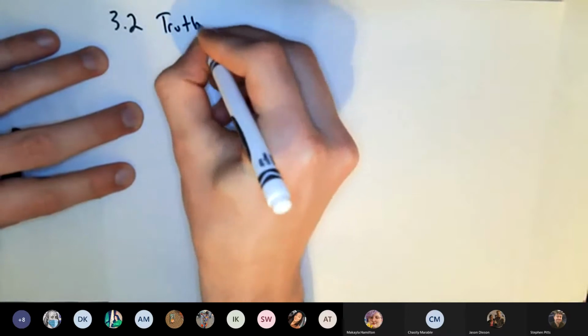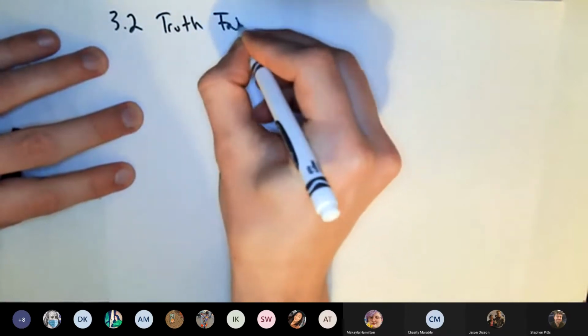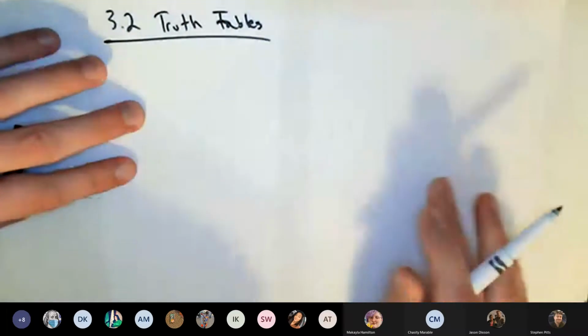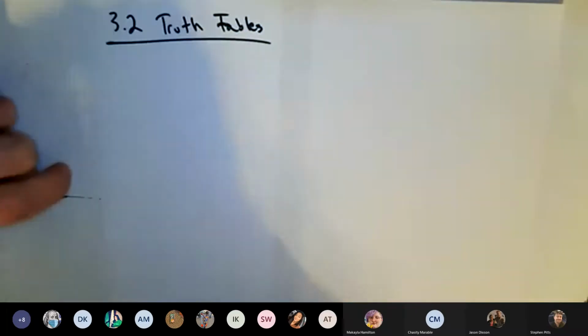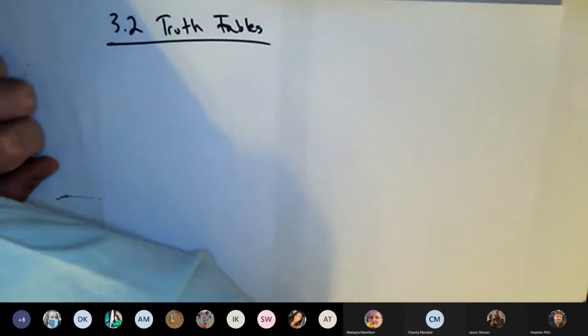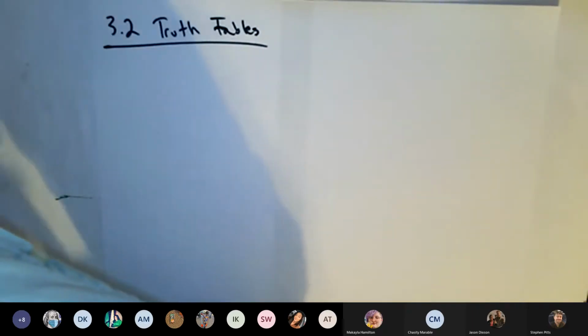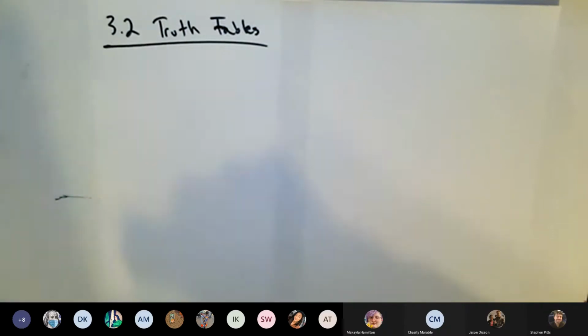So now we're actually going to be moving into looking at the truth values of statements that we've been given. We've talked a little bit about this, but not really formally, so that's what we're going to do now.